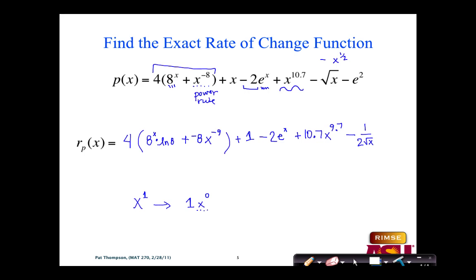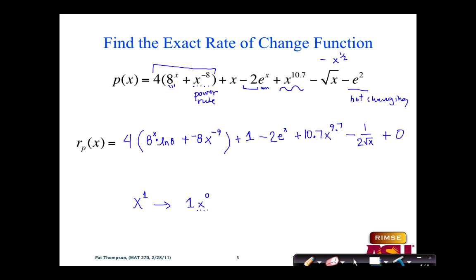So this guy is not changing. This is like our constant function, f of x equals c. F of x equals negative e squared. If you want, you could write plus 0, especially in your notes, maybe to indicate, oh, I didn't skip that part. The derivative of that's 0.